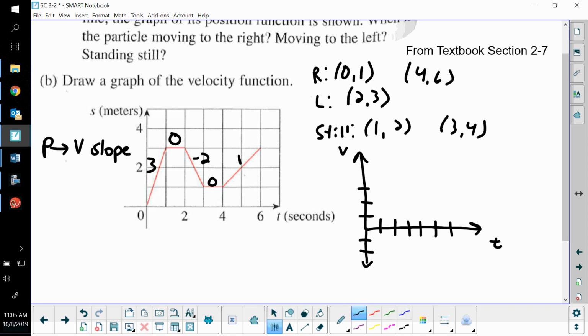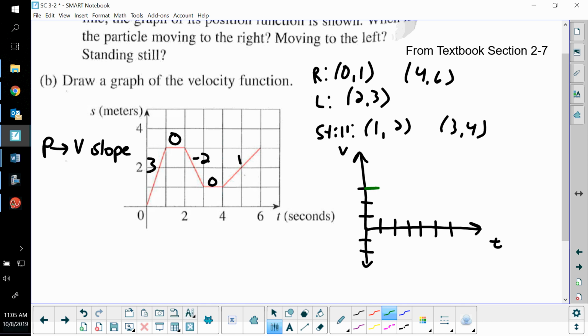And we have 6 total seconds. So the first section had a slope of 3, and that lasted from 0 seconds to 1 second.